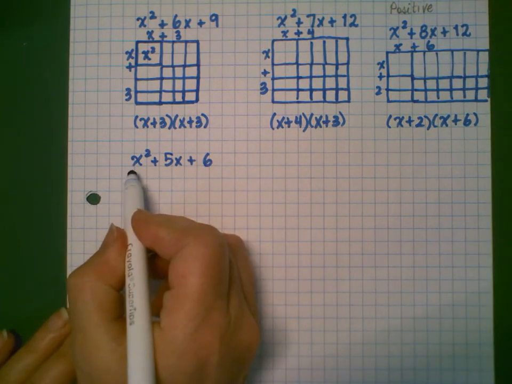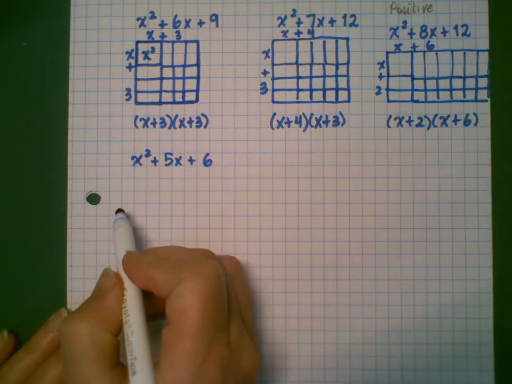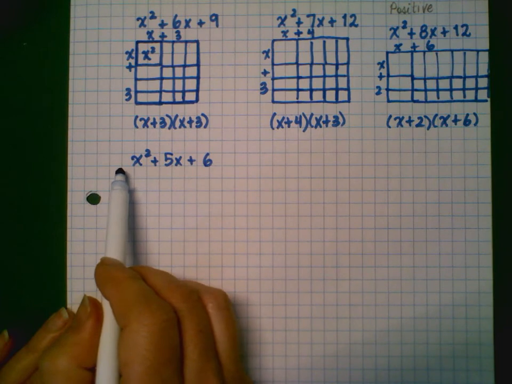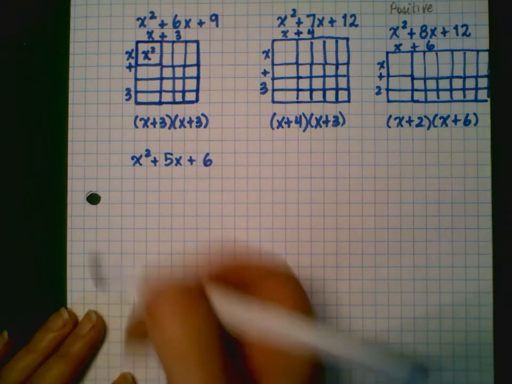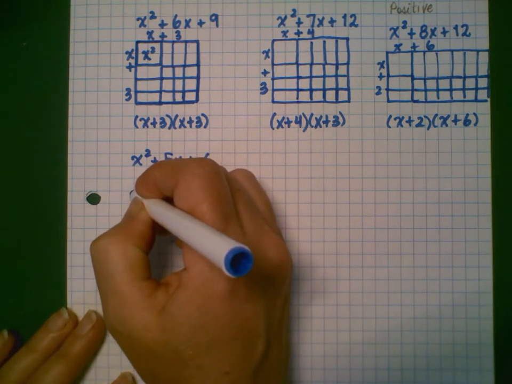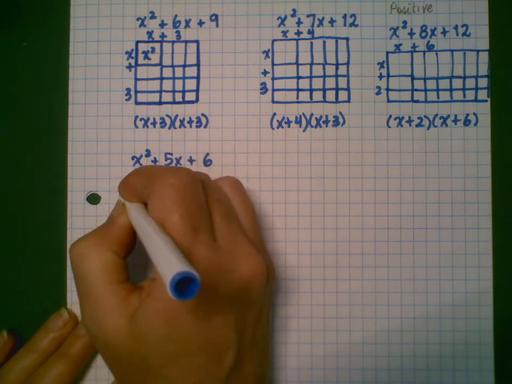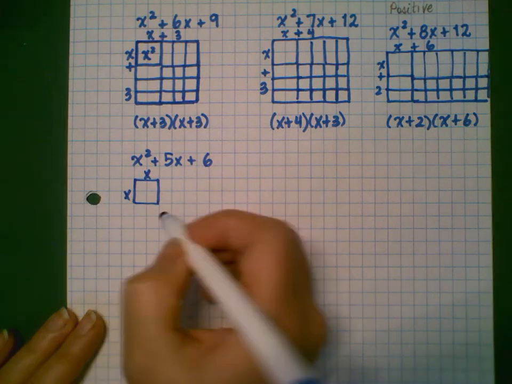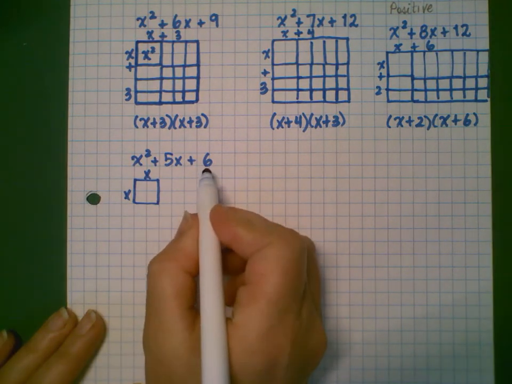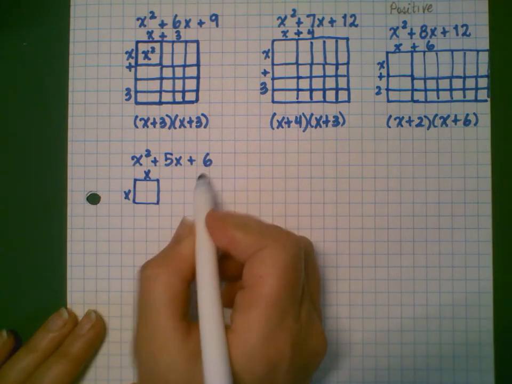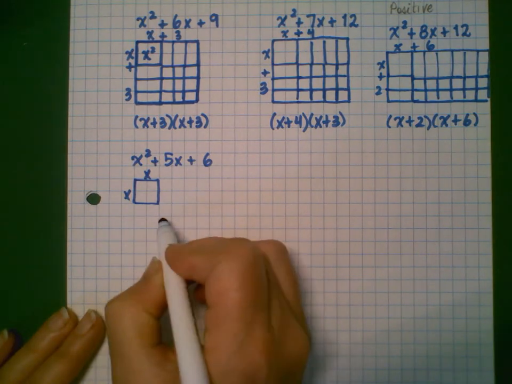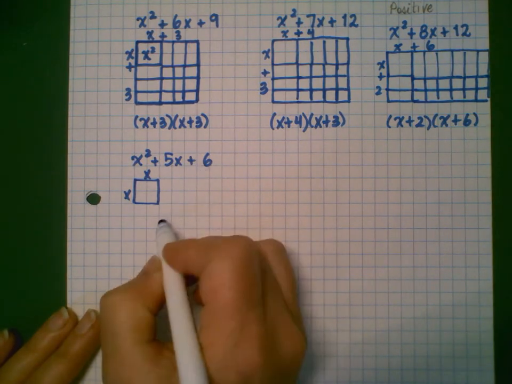Okay, so again, x squared is my first term. I'm using a leading coefficient of 1 for all of these examples. So my x squared is just a little square. That is x by x. My 6, I have to think about how I could break that up. I could break it up into 1 times 6, it should come out like this, or I could break it into 2 by 3.